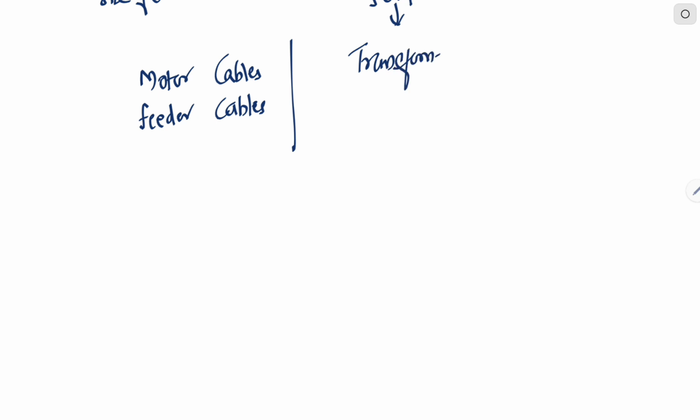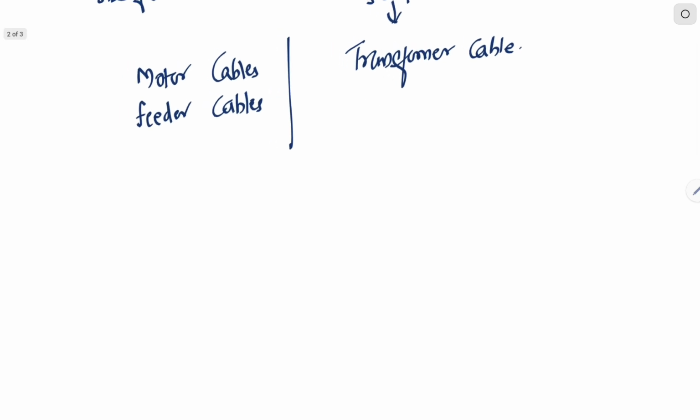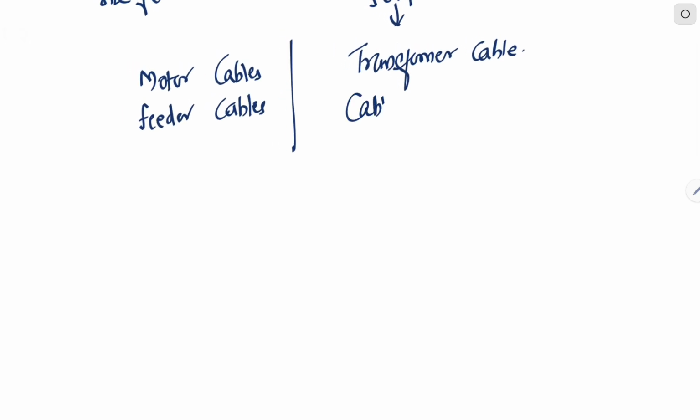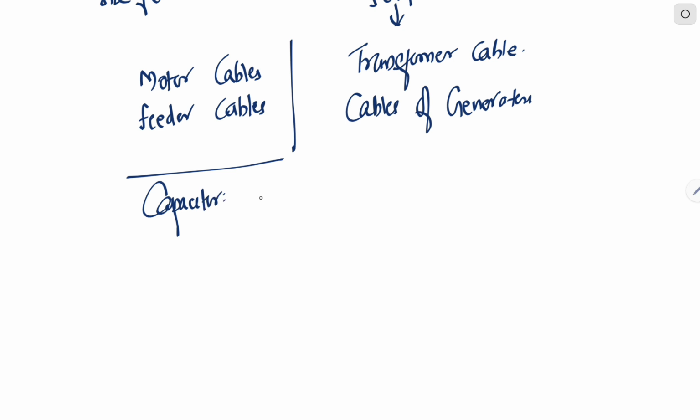So transformer cable. If we are connecting generators, then cables of generators. For every motor, there will be a capacitor, so cables of capacitors must also be taken into consideration.